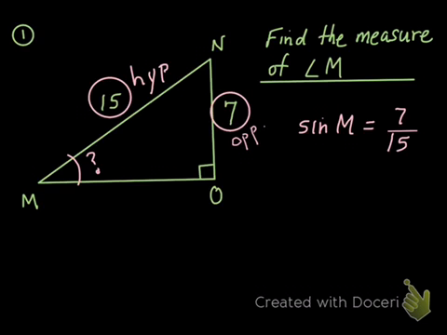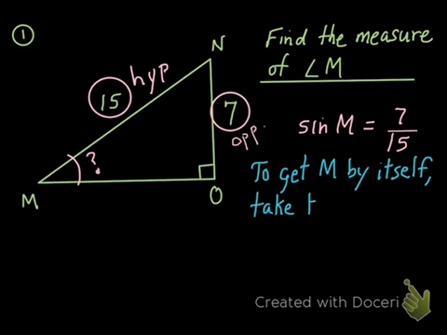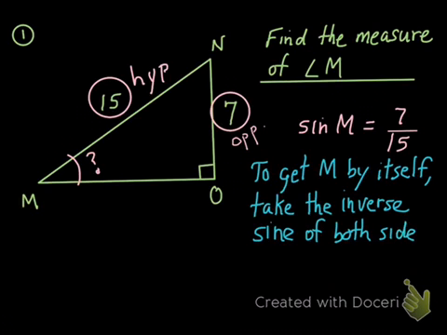My best option here, my only option here, is to multiply both sides by the inverse sine. Can you find that on your calculator? Sine to the negative first power. You'll have to hit your second button to access sine inverse. It looks like this. To get M by itself, take the inverse sine of both sides.